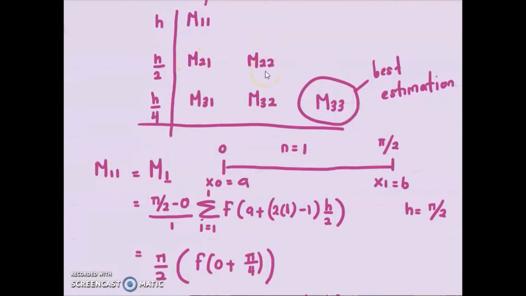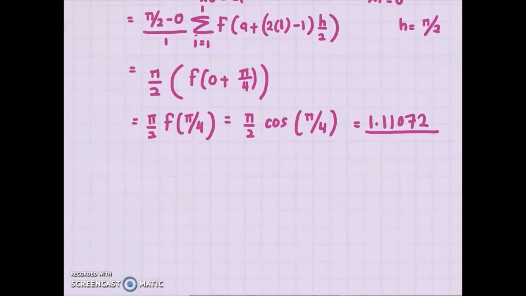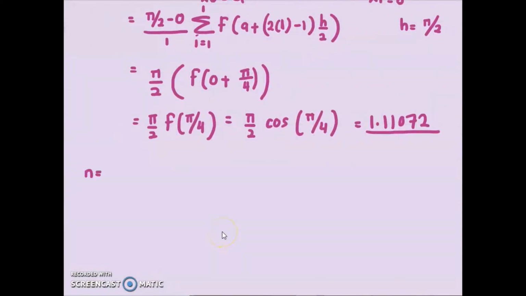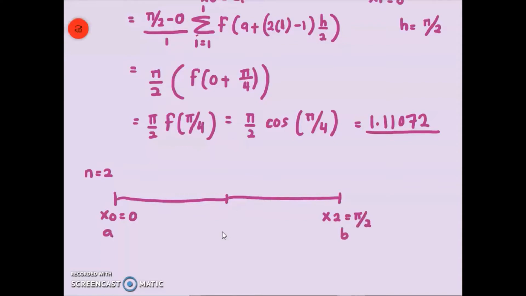Now we want to find M21, where n is 2. I want to divide the interval now into 2 subintervals. So if this is x0 equals 0, this is x2 equals pi over 2, so this is my a and this is my b, and this is my x1 here.